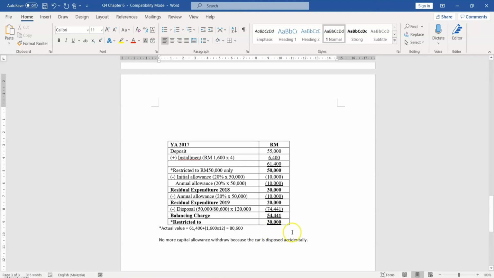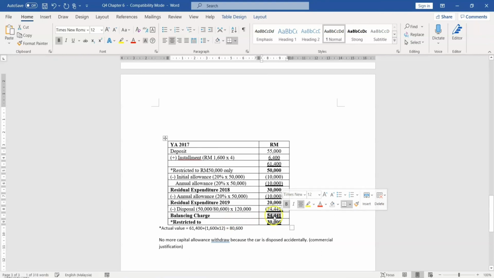So because there are reasonable judgments, so there is commercial justification, so we do not need to withdraw the capital allowance. So the total value for the Honda Accord car is 54,000, and then because the amount is more than the capital allowance, we just restrict to 30,000 of the capital allowance only.